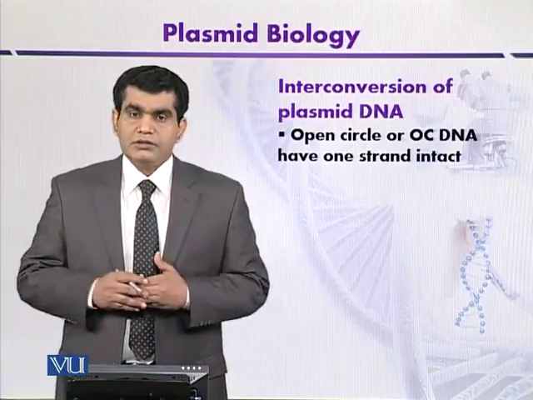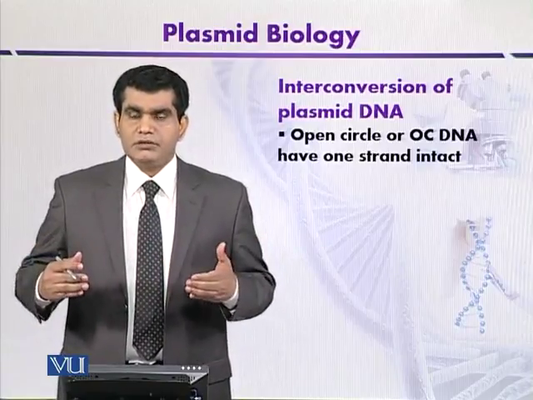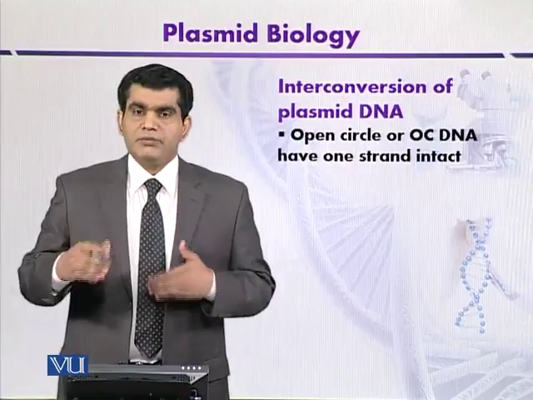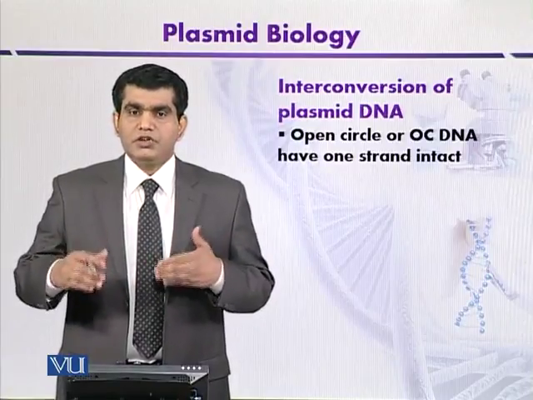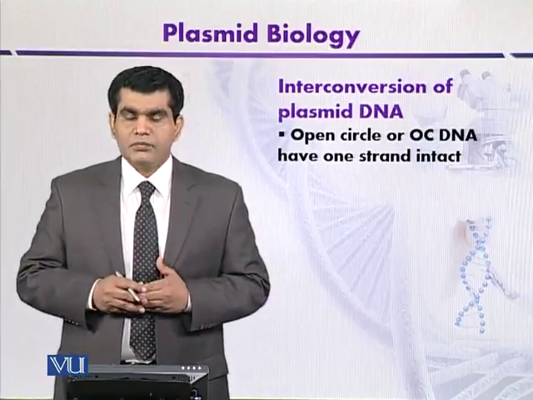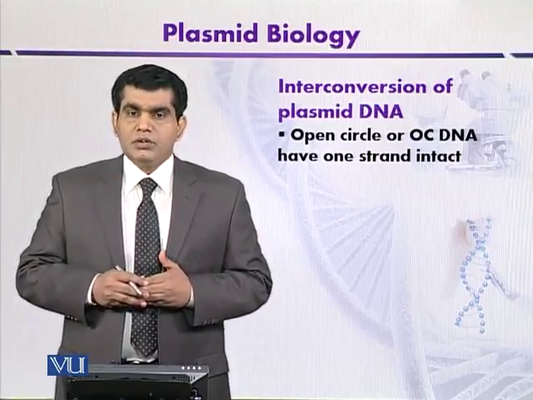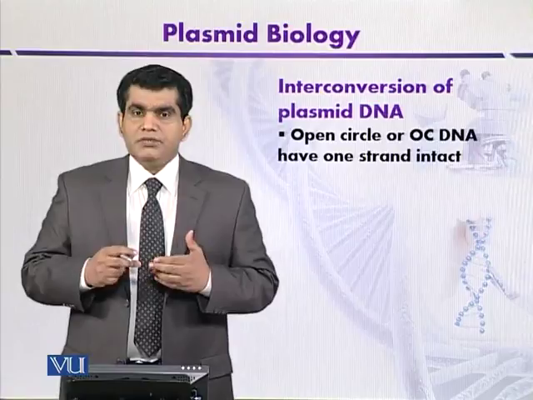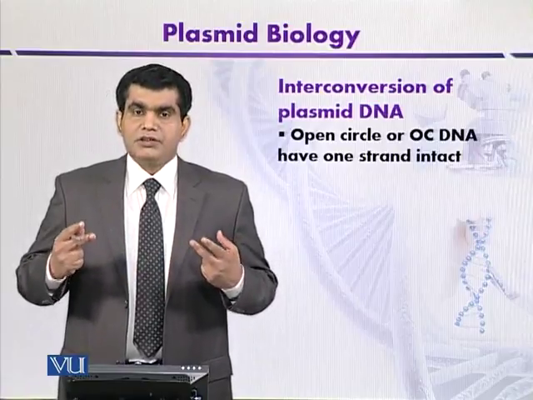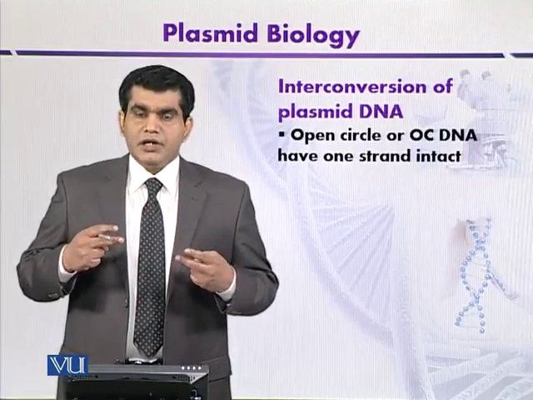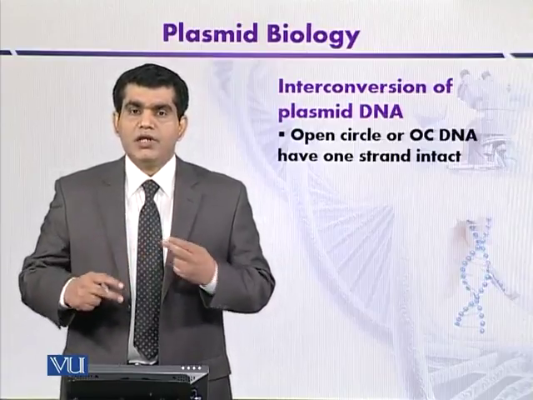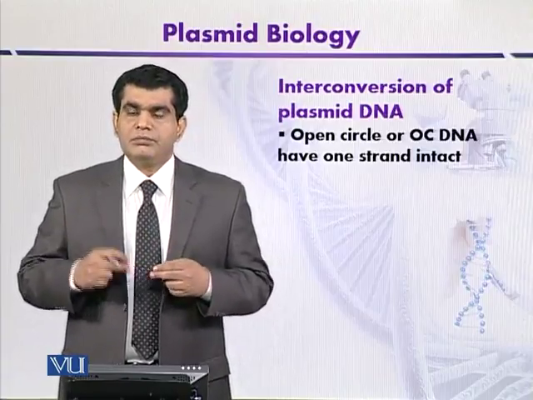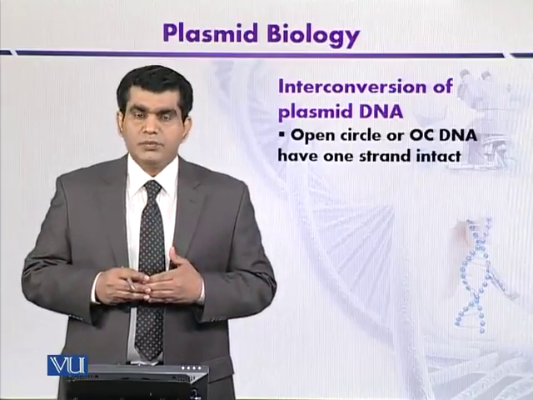So naturally, when we try to isolate plasmid from bacterial cells, it is present mostly in supercoiled form. Supercoiled means that the double helix structure of the DNA coils again upon itself, and then it is called supercoiling.